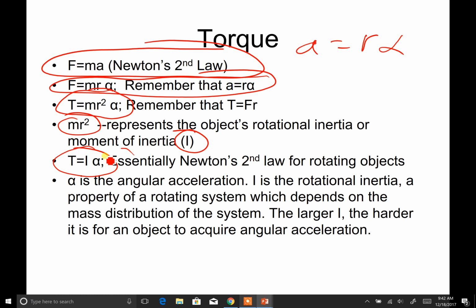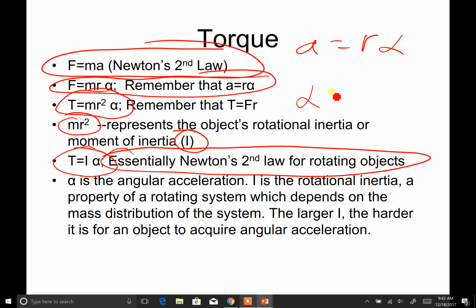Essentially, this equation is Newton's second law for rotating objects, that net torque is equal to moment of inertia times angular acceleration. Or we could solve it as angular acceleration is equal to net torque divided by moment of inertia.